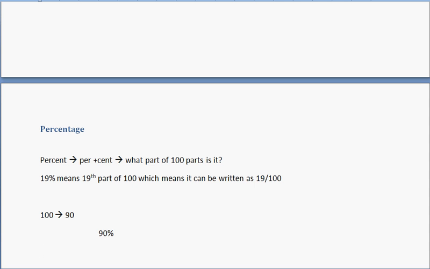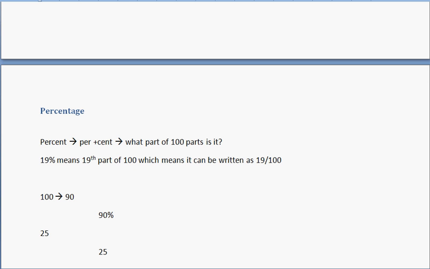Now if I say that I got 90% and my maximum marks were 25, what does this mean? This means that out of 25 I have 90 by 100 marks which I have achieved, right? So out of 25 I got 90%. What does this mean?